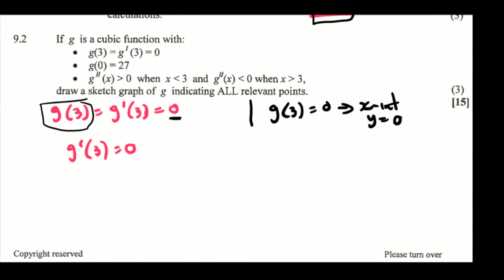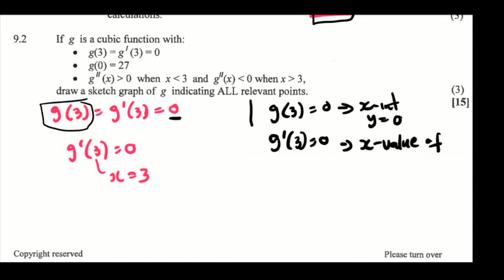Remember, when you derive the turning point and equate to 0, you find the x value of the turning point, of which this x value is equal to 3, right? So now we know g prime of 3 equals 0. It's the x value of the turning point. So x is equal to 3.